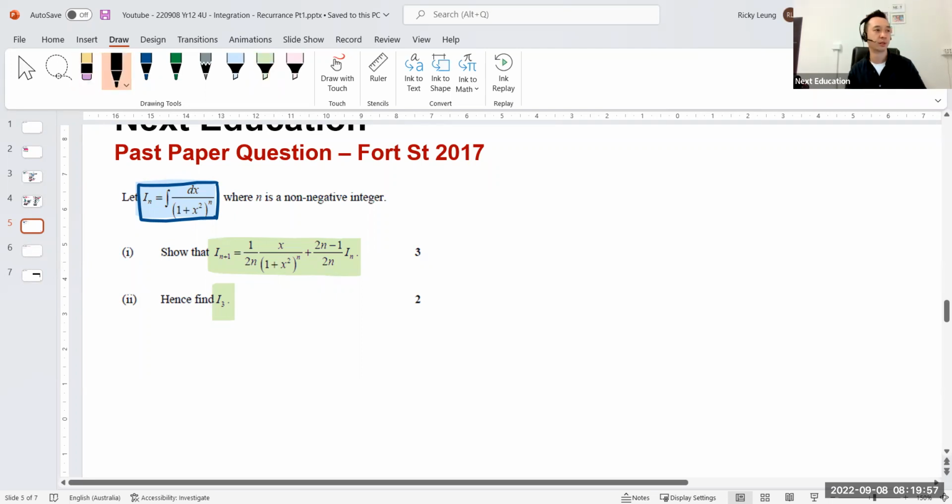Now, when you start this and start applying by parts off the bat, you start thinking about it and go, I'm not sure this one even needs by parts. I kind of lied.